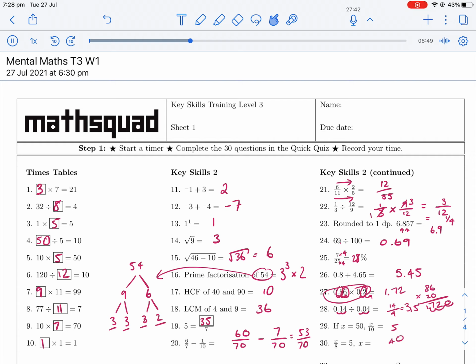Alright, simplifying with ratios. We can simplify just like fractions. So 11 goes into 11 once, and it goes into 111 10 times. Divide 44 in the ratio 8 to 3. How many parts are there in total? There are 11 parts.